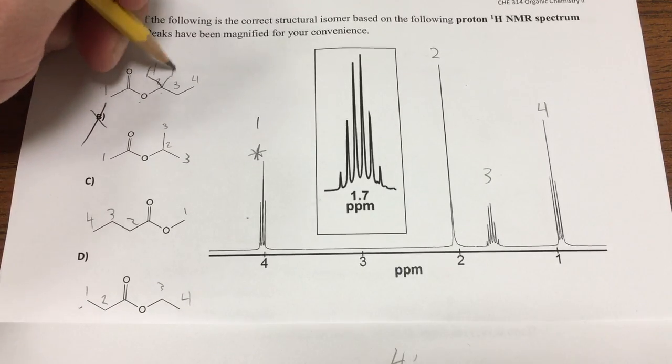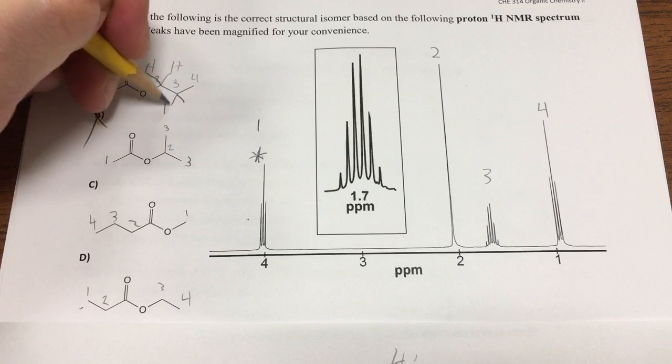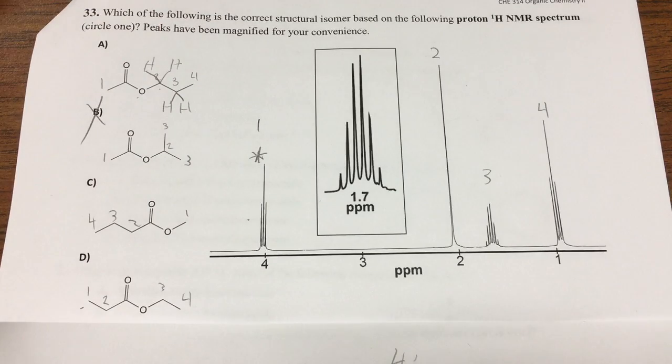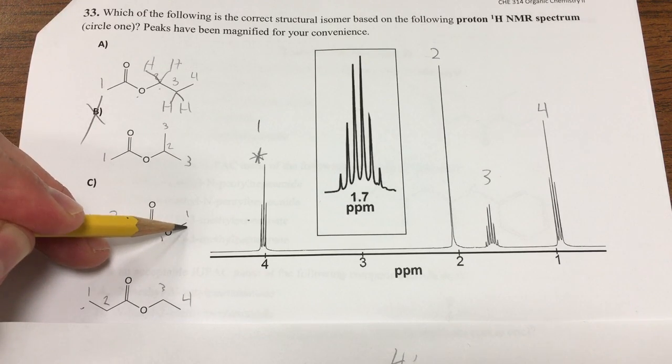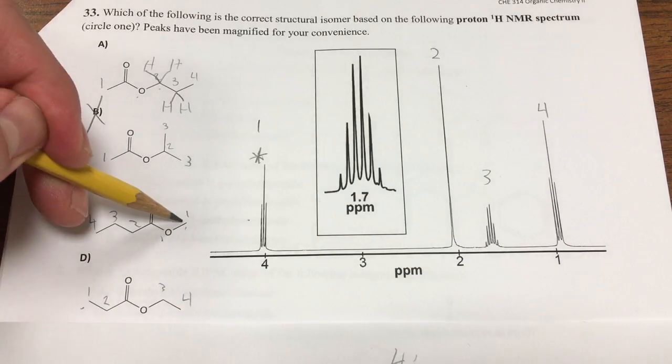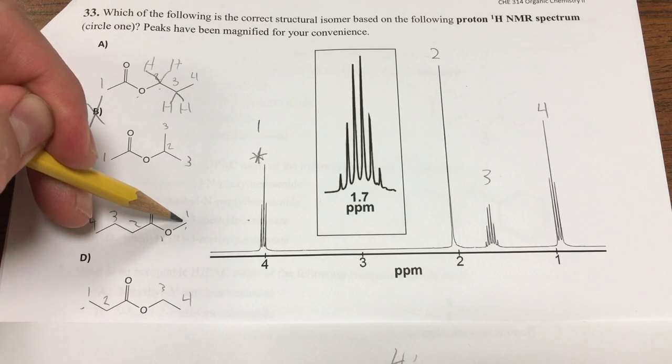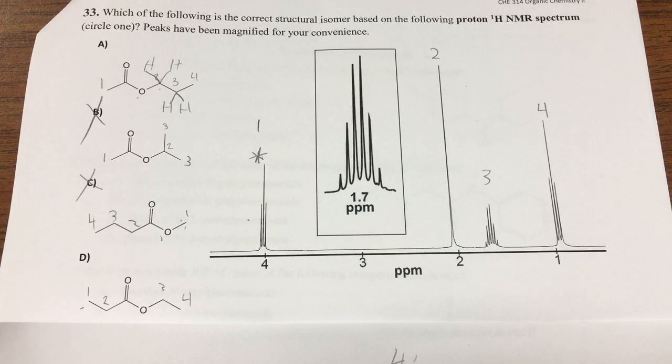Here there are 2 hydrogens, and it's right next to something with 2 hydrogens. That means that's a very good possibility in A. Let's look down here at C. Whatever's attached to this oxygen right here is a singlet. This one is not next to any hydrogens, so that cannot be the answer choice. Then we can mark that one out.